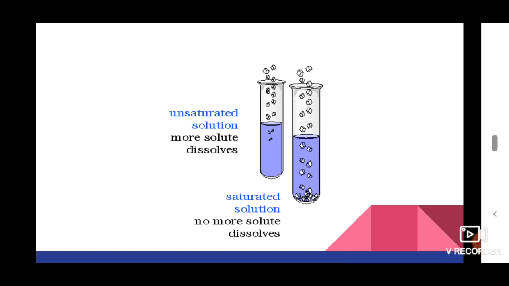That kind of solution is known as unsaturated. In the second picture, you can see the particles are settled down at the bottom. So, this solution cannot dissolve the particles. That kind of solution is known as a saturated solution.